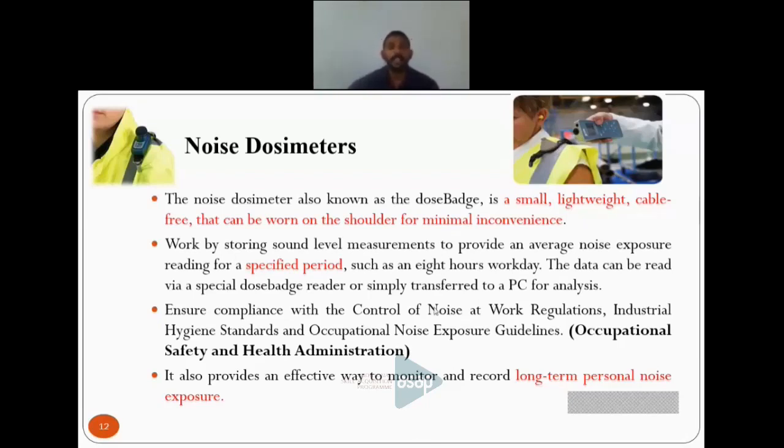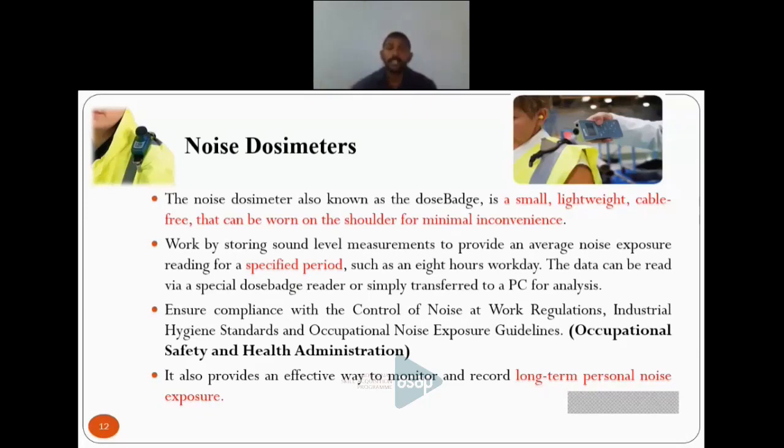Based on that, there are standard occupational noise exposure guidelines given by different authorities, such as ISO and the Occupational Safety and Health Administration. As per the Occupational Safety and Health Administration, the standard value is 90 decibels for an exposure of 8 hours.